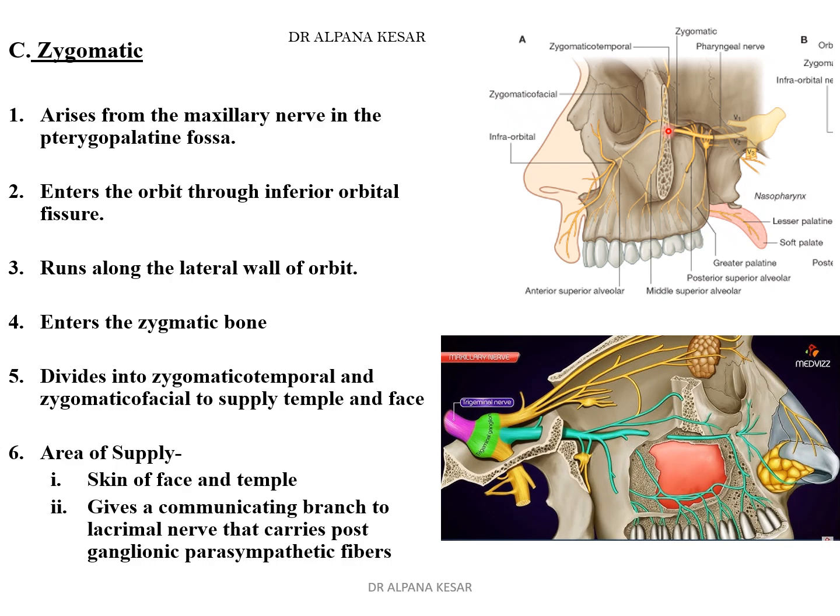After that, zygomatic nerve runs in the lateral wall of the orbit. The zygomatic nerve enters the zygomatic bone. In the zygomatic bone, the zygomatic nerve divides into its terminal branches, zygomaticotemporal and zygomaticofacial.